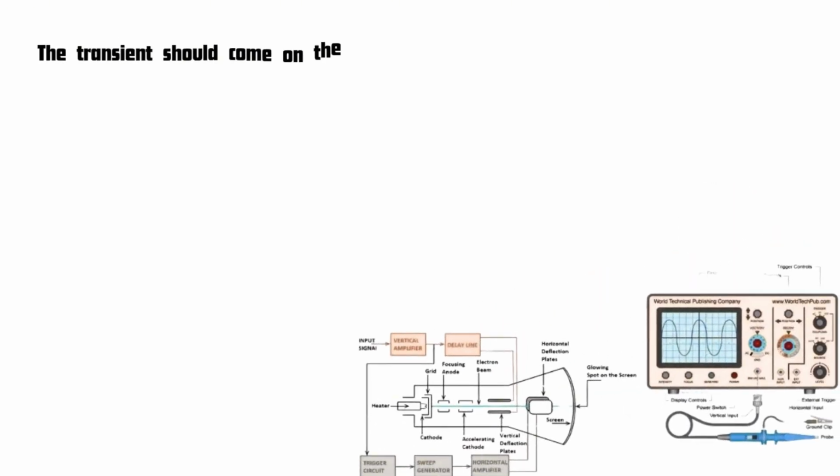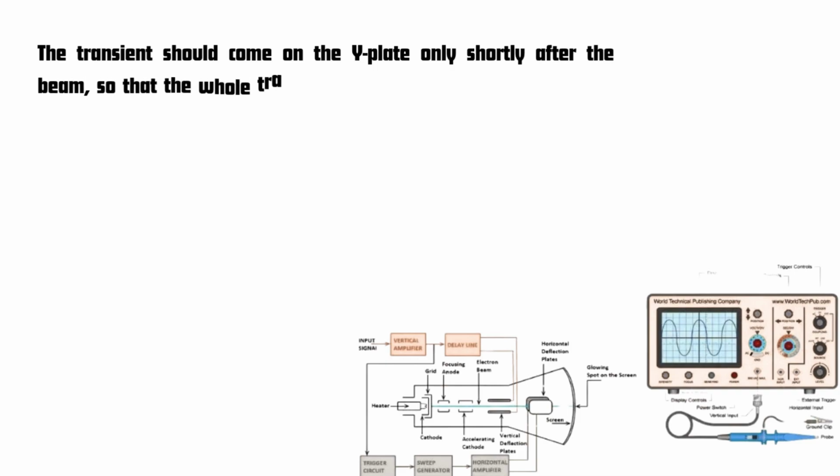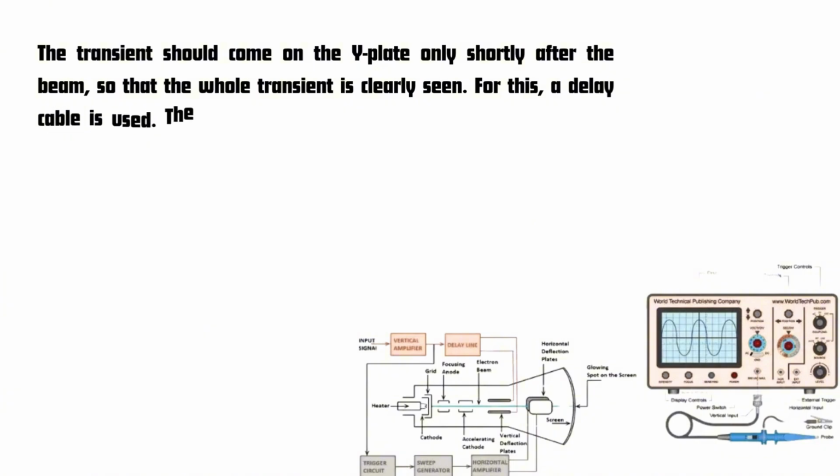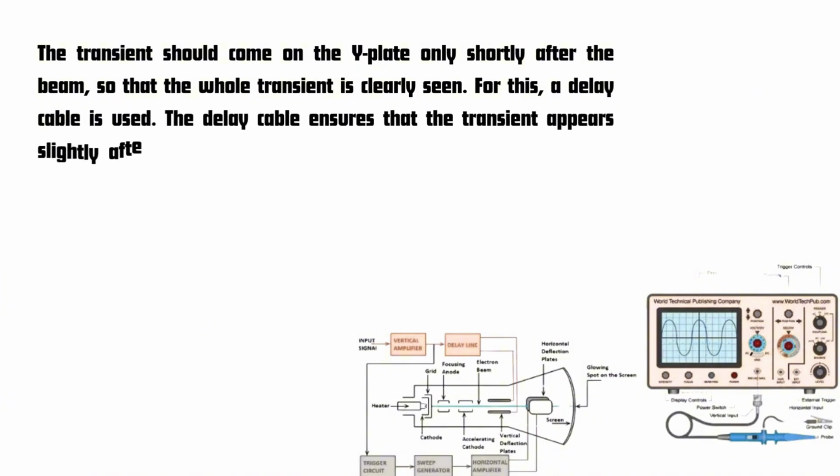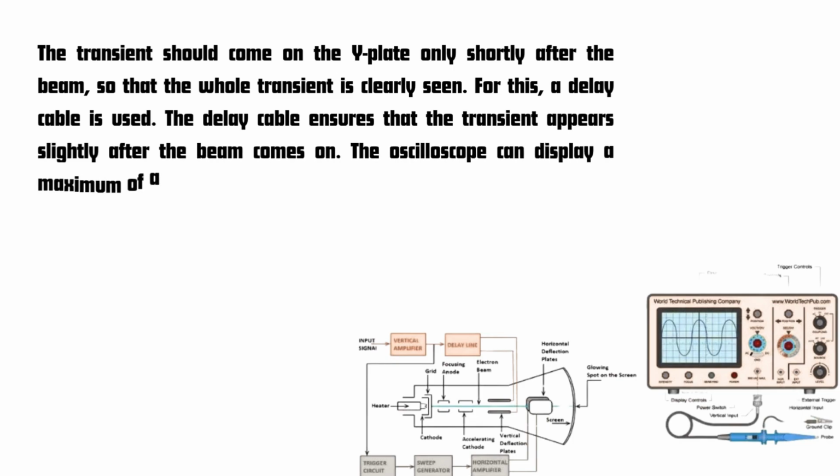The transient should come on the Y plate only shortly after the beam, so that the whole transient is clearly seen. For this, a delay cable is used. The delay cable ensures that the transient appears slightly after the beam comes on.